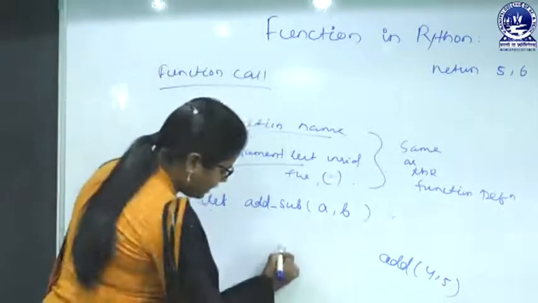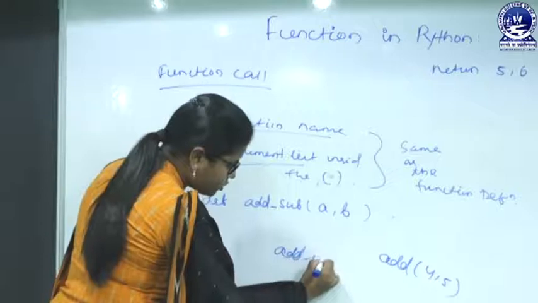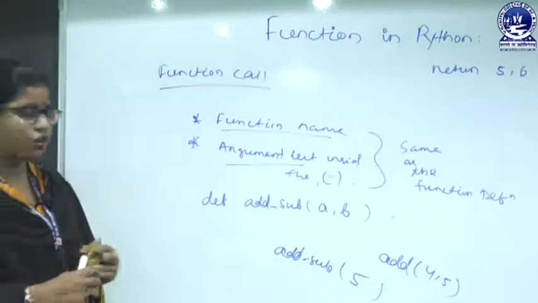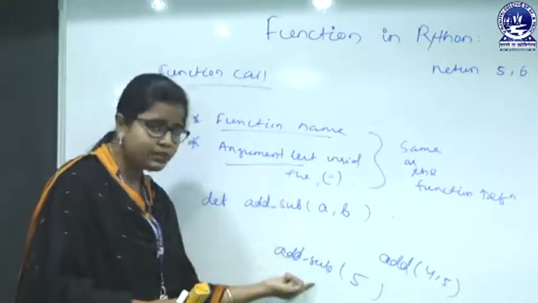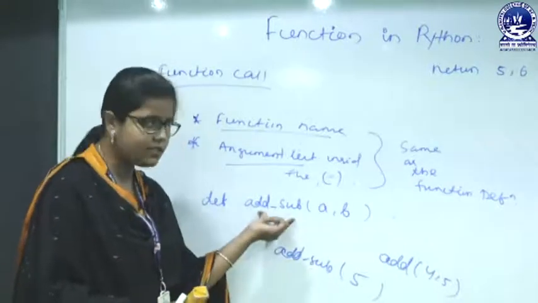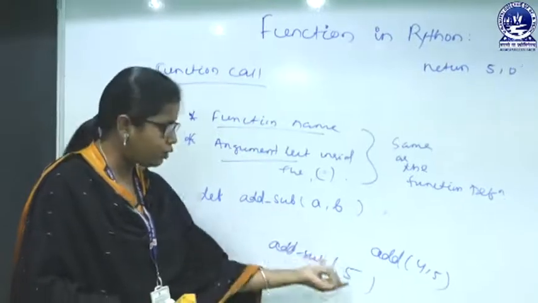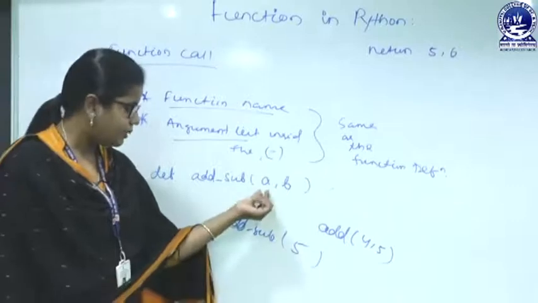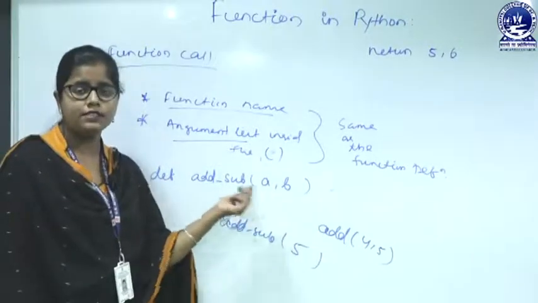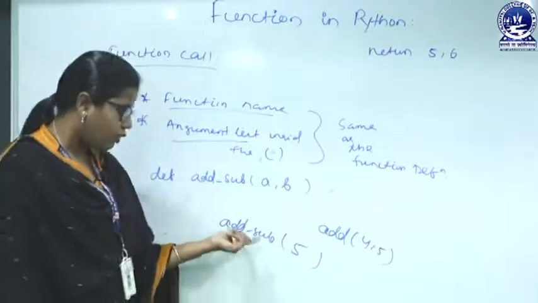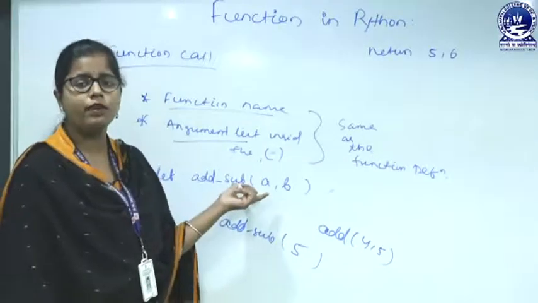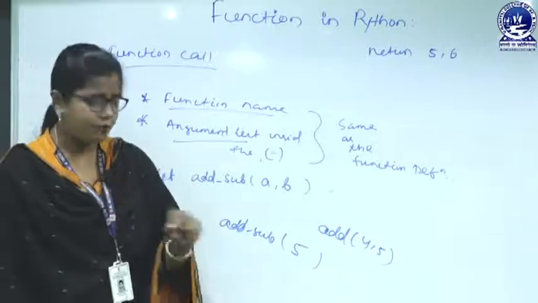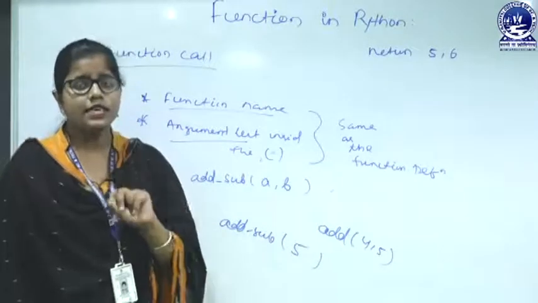Suppose I am taking the function name as add sub, but passing only the argument 5. Here the function name is matched, add sub and add sub, but the arguments do not match. Here I am passing a single argument, but the function is capable of receiving 2 arguments. So when we call this function, it will expect 2 arguments, but what are we actually passing? We are passing a single argument.